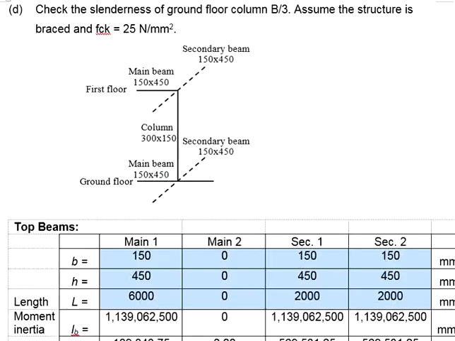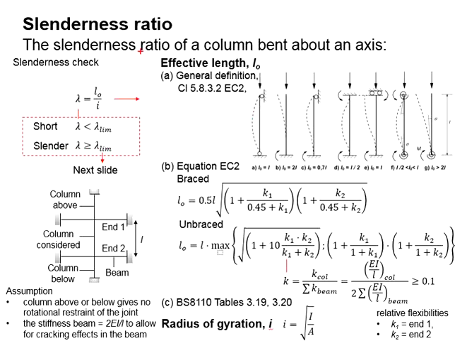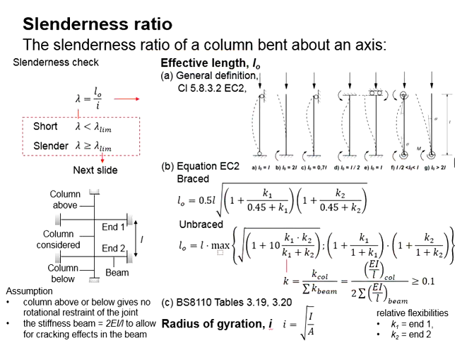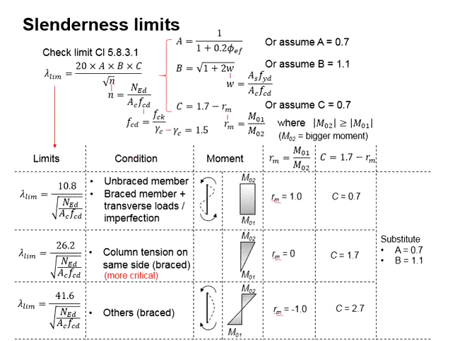If you observe the previous questions, especially in the calculation step, determining the slenderness of the column, the type of structure, whether it's braced or unbraced, is important as you need it to determine the effective length. Also, when determining the slenderness limit, whether the structure is braced or unbraced will determine which equations are used to determine the slenderness limit.